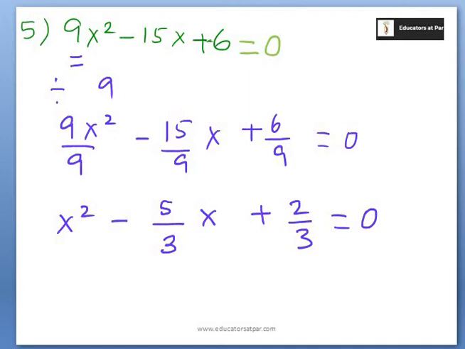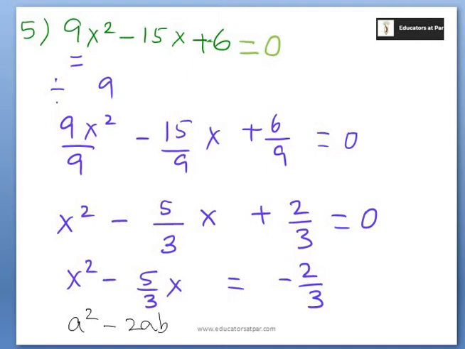Now take the constant term to the other side. x square minus 5 by 3x equal to negative 2 by 3. Now compare with a square minus 2ab plus b square. Our a square is x square, and minus 2ab is minus 5 by 3x. That is minus 2 multiplied by x.